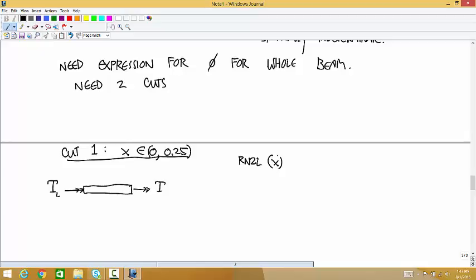So the rotational equation about x says TL plus T is equal to 0. Or in other words, the internal torque over that first cut is equal to negative TL. Whatever TL is, the internal torque is the opposite of that.